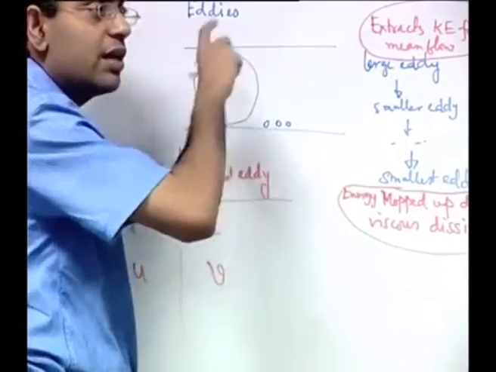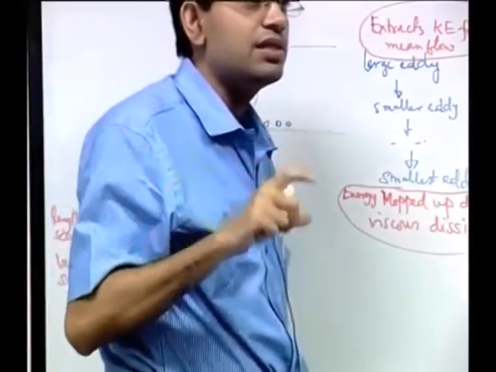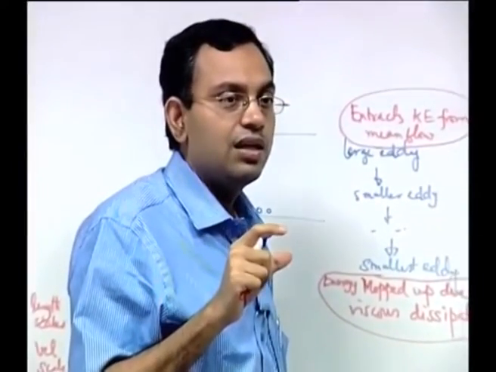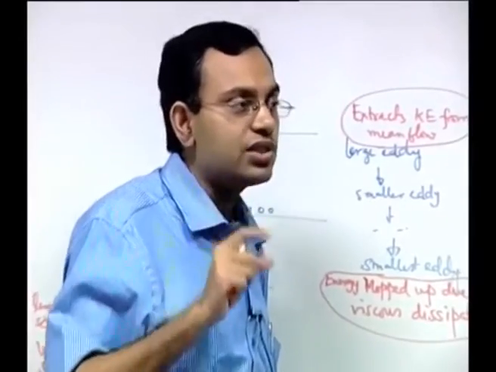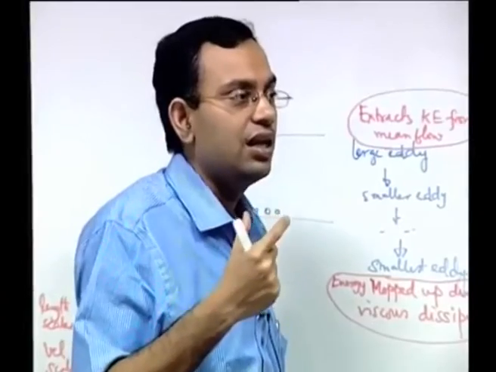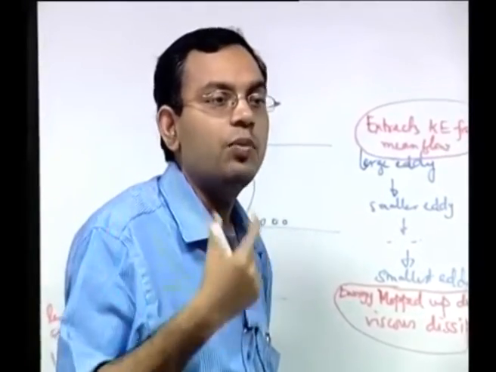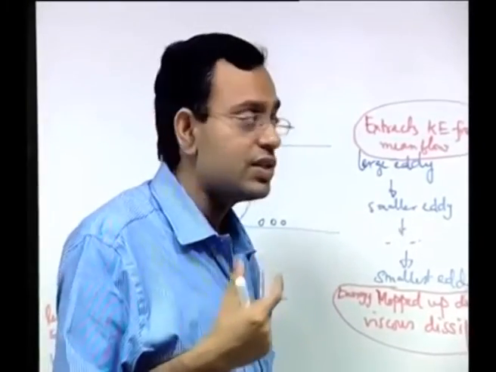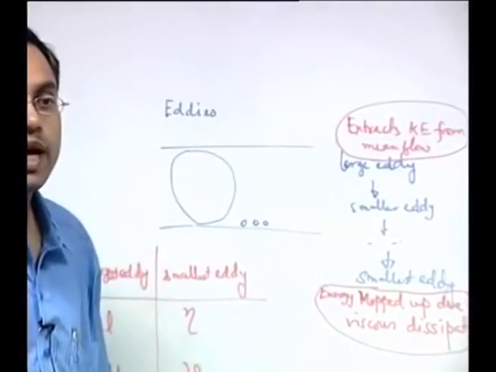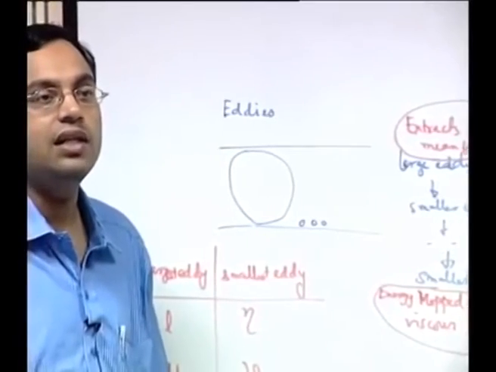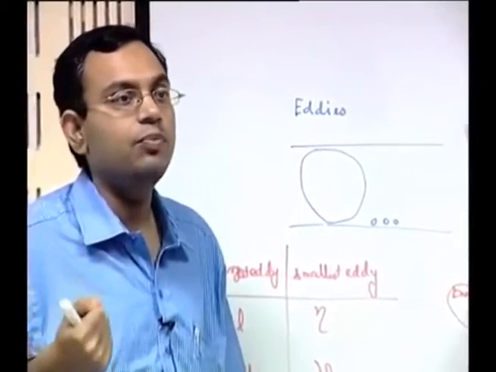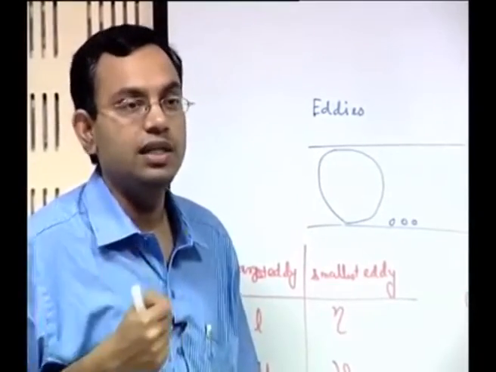So, if the Reynolds number is large, what does it mean? It means that with respect to the system length scale, the inertia force is dominant over the viscous force. That means over the large eddy length scale, the inertia force is much more dominant over the viscous force. That is why whatever energy the large eddy extracts from the mean flow cannot be dissipated by the large eddy in the form of viscous dissipation, because viscous effects are negligible compared to inertial effects for large eddies.